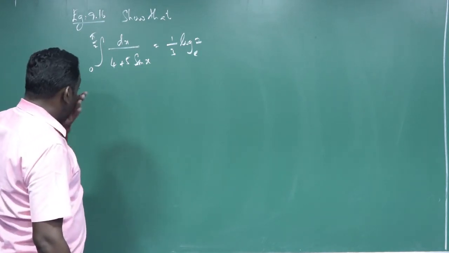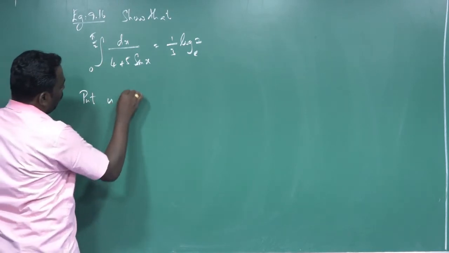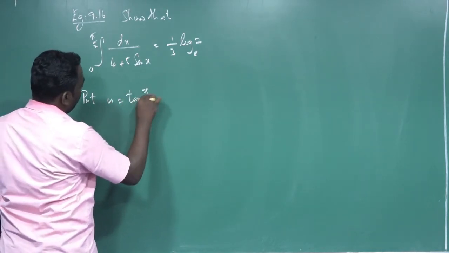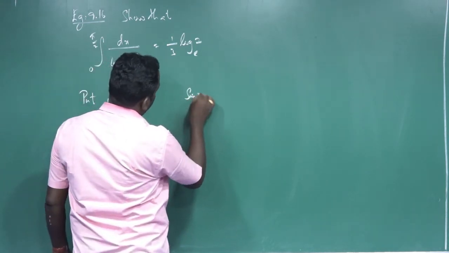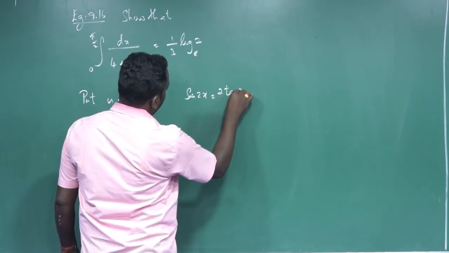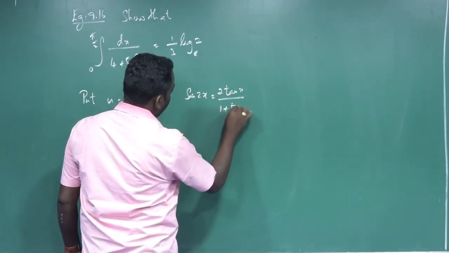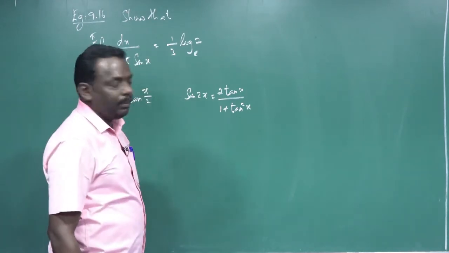So here we have to put u equal to tan x by 2. Now we are applying the formula sin 2x is equal to 2 into tan x by 1 plus tan square x, we know the trigonometric double angle formula.